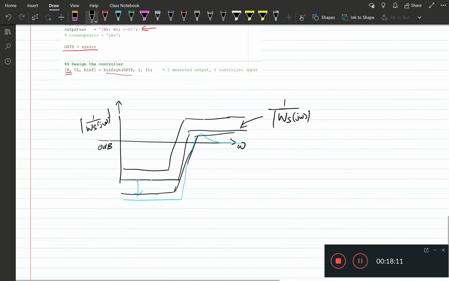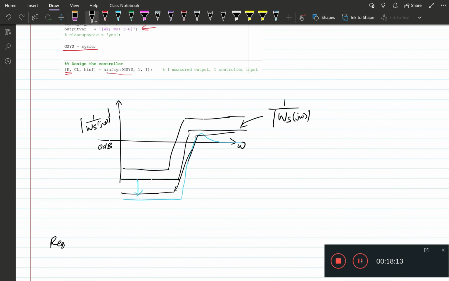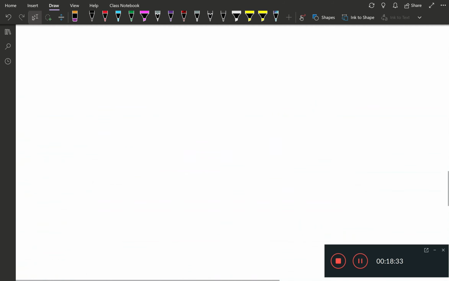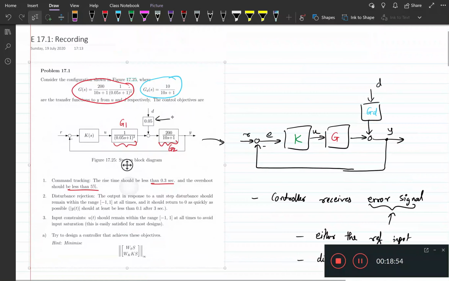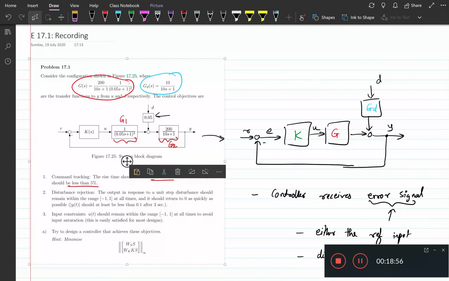Now, in order to satisfy the requirements for part A, it's quite straightforward, and I leave it to you to do that. So part A, let's quickly go. Part A requires the design when this thing is 0.05, whereas part B, let me bring part B first.